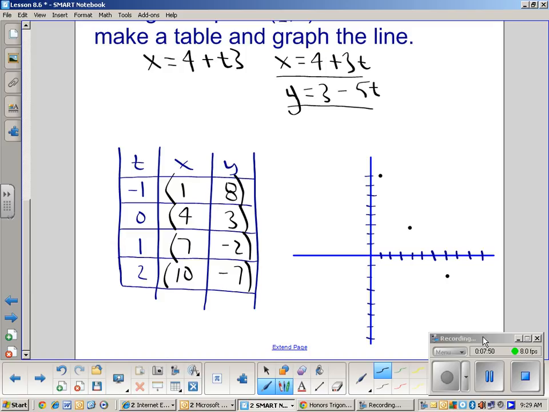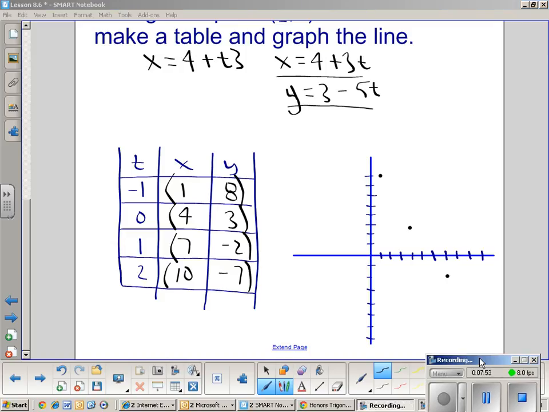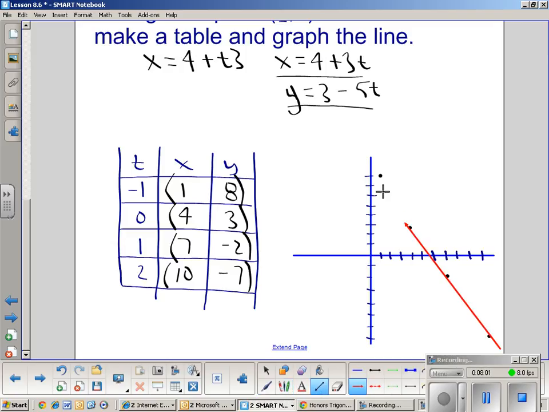And so my line looks like this, if I could graph well. Something like this.